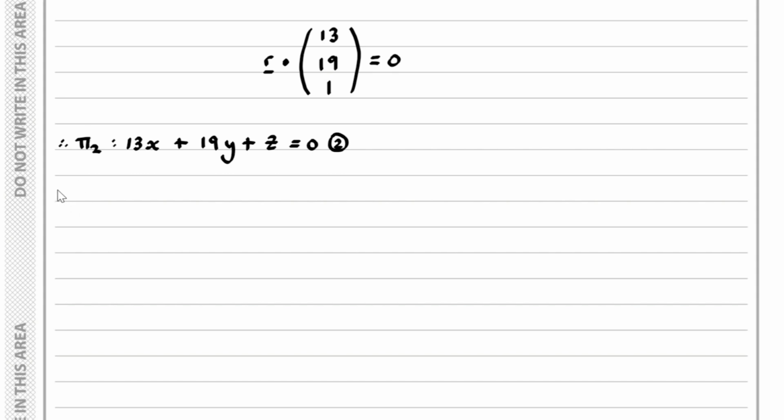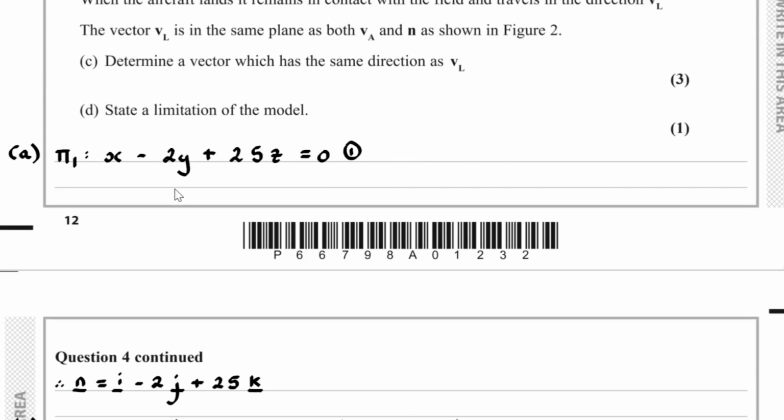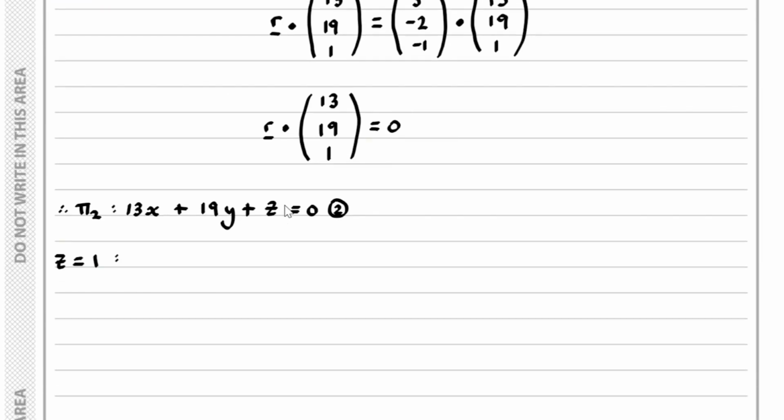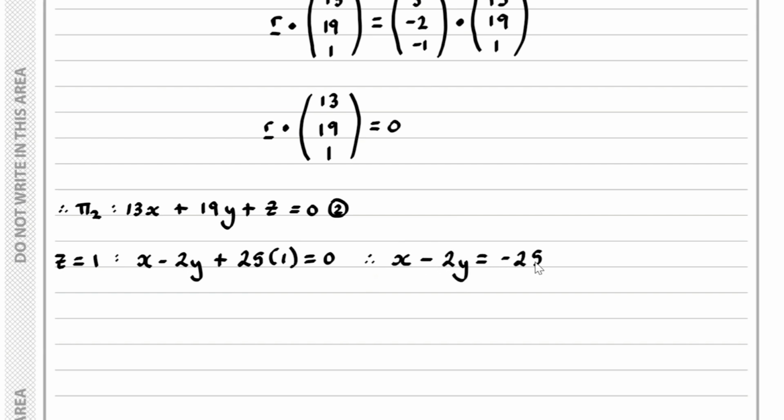For example, we could let z equal 1. From equation 1, we have x minus 2y plus 25 lots of 1 equals 0, and therefore x minus 2y is equal to minus 25. We'll call this 3.